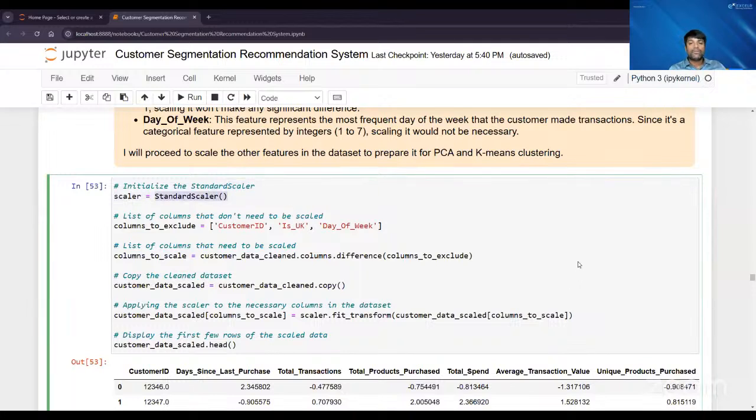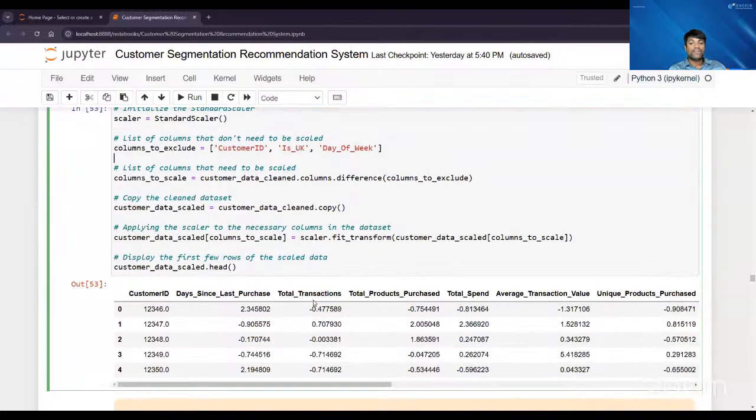It cannot be done on categorical values. Even though the customer ID is a numerical value, it doesn't make sense to do scaling or standard scaler on the customer ID. And on is UK and day of the week, we are excluding these, as they don't come under the scaling.